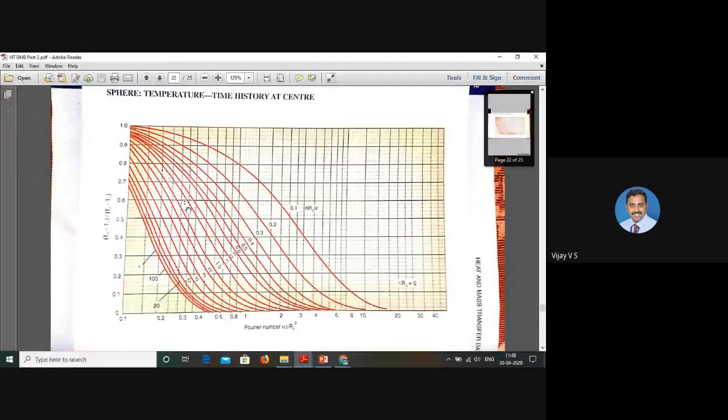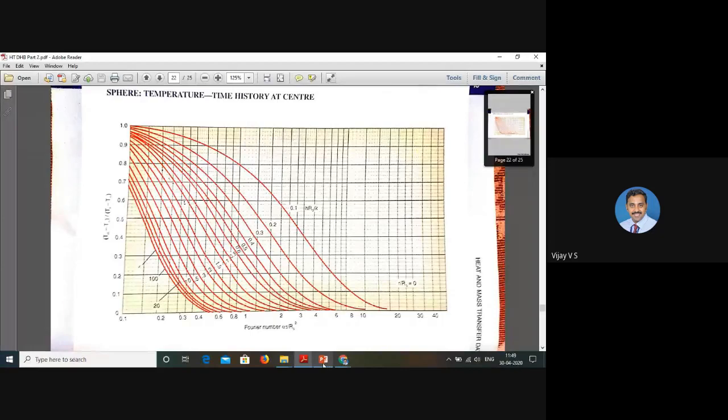This is 0.2. This is 0.3. So 0.28 is somewhere here. 0.28 and 1.3. This is the place. It is around 0.64, 64 or 66 or 65.